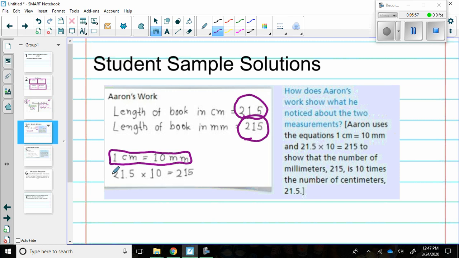And he took 21.5 centimeters times 10, because he knew that 1 centimeter equals 10. He wants to make it into millimeters, so he knows there's 10 within each centimeter, so he multiplies to get the answer of 215.